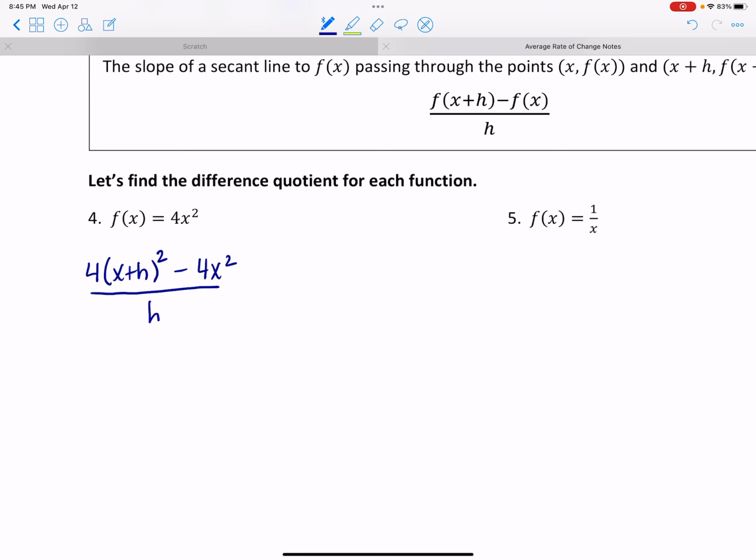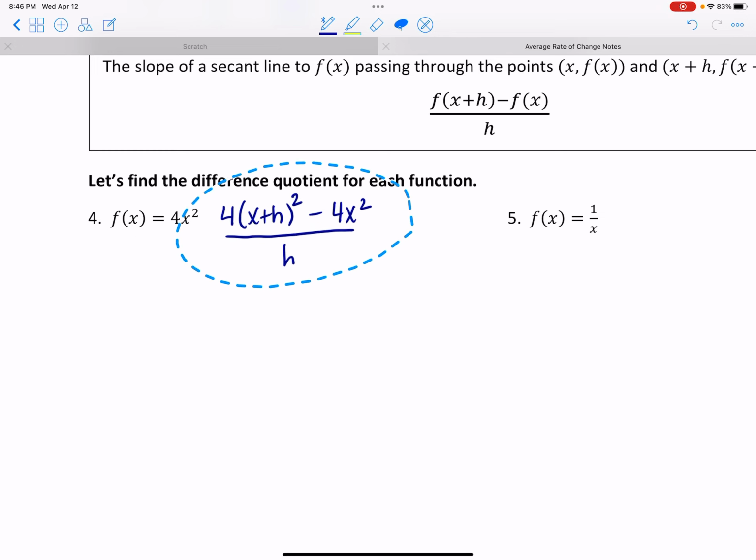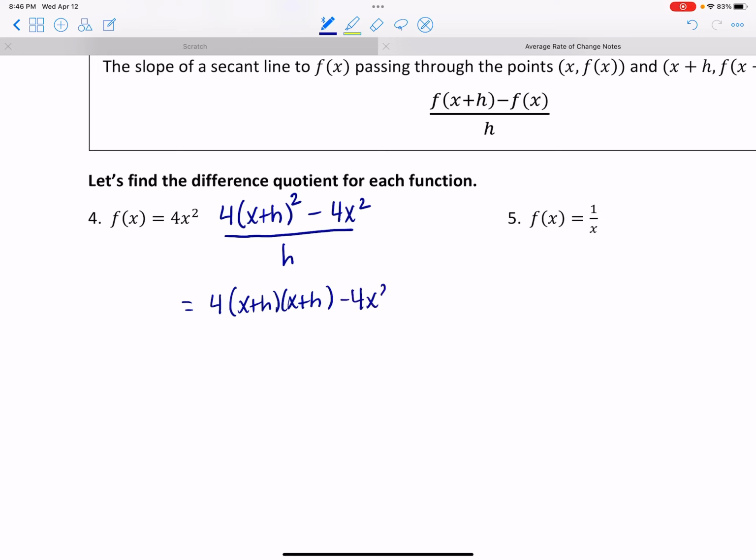That's honestly half the battle. Now we're just going to do some algebra to clean this up. In fact, I'm going to move this up because I think I'm going to need more space. Okay, so in the next step, I have 4 times x plus h squared, which means x plus h needs to be multiplied by x plus h, minus 4x squared, divided by h.